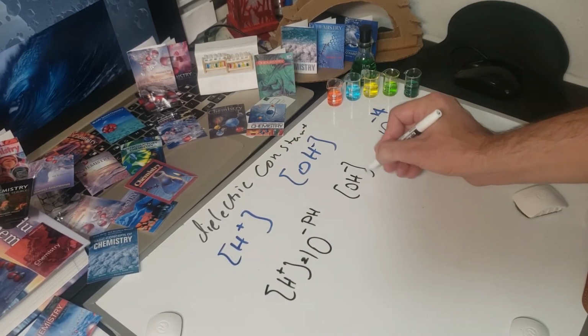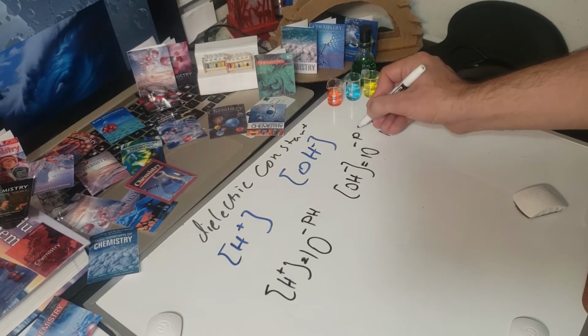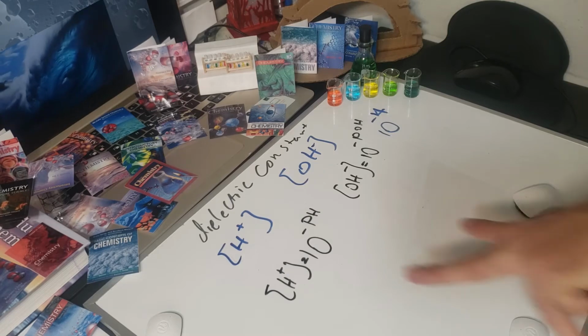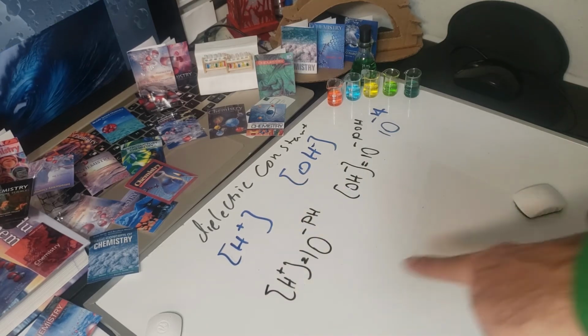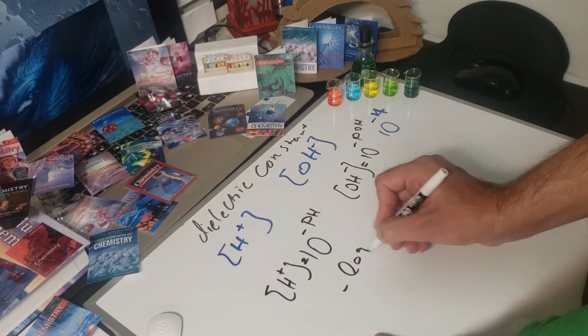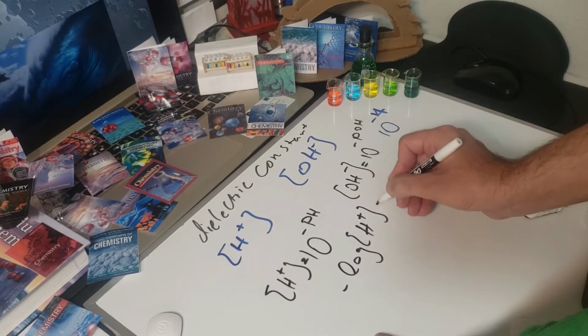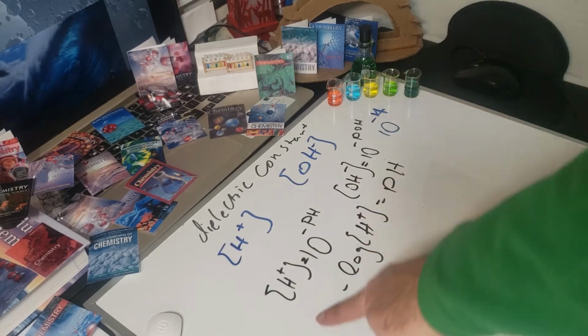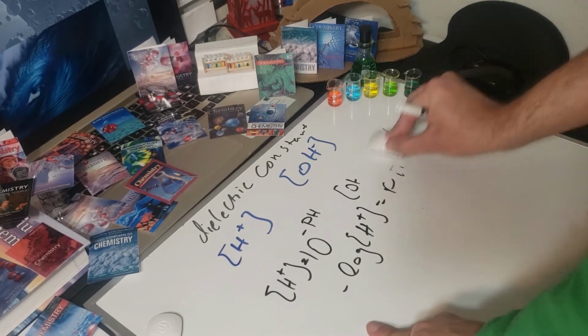Concentration of OH minus would be 10 to the power of minus pOH. So those are the other two rules: if you are provided with the concentration of H plus, you do minus log of it to compute pH, or if you are provided the pH, you do 10 to the minus pH to compute this one.